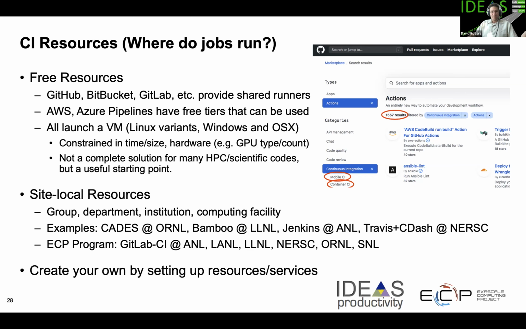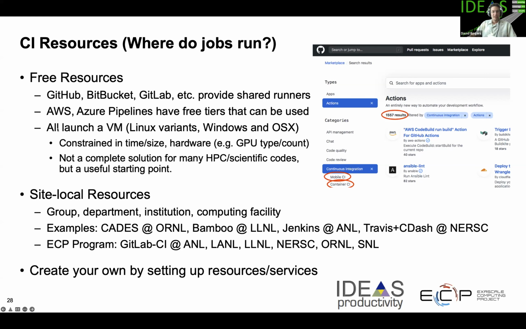Tests that run on the HPC cluster probably need a special scripting setup. The free resources here are like GitHub, Bitbucket, GitLab, all of which you should be familiar with, that provide shared runners. Those runners are running on virtual machines provided by the cloud, and will give you a base operating system, but no advanced hardware and limited memory as well.